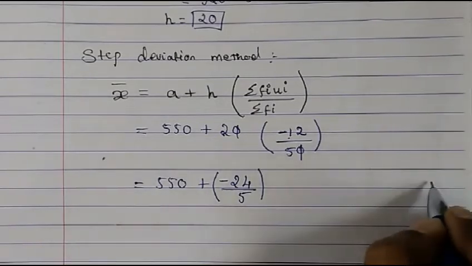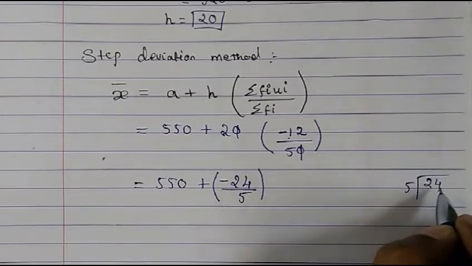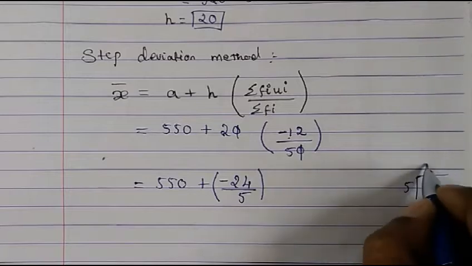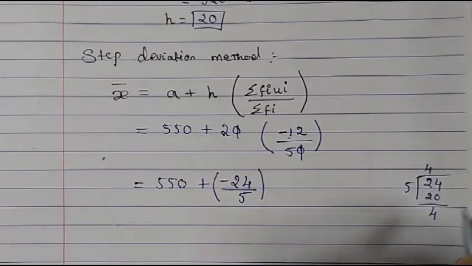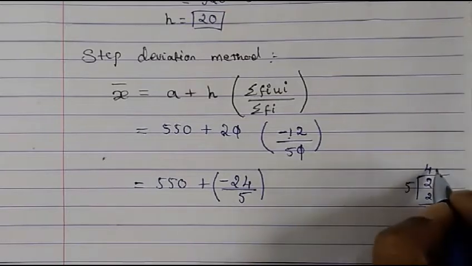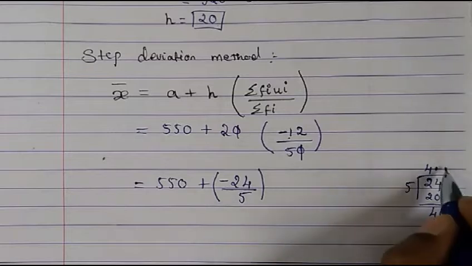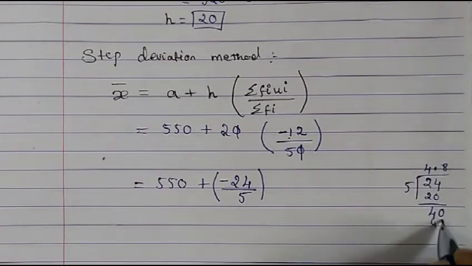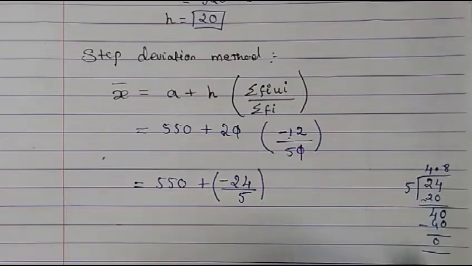What will we get? 24 divided by 5. You will get 4 5s are 20. Then 4. So put 0 here, put a point here. Then 8 5s are 40. Okay, 4.8.